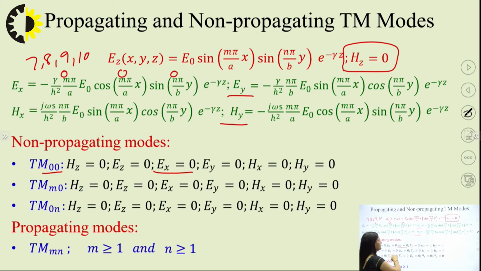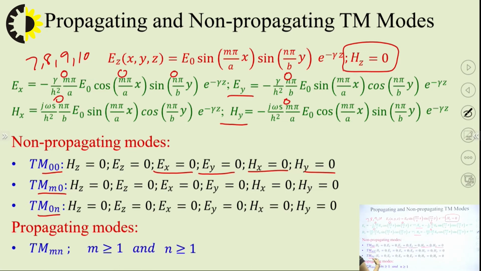In the next case, this is multiplied with 0, so Ey is 0. Here it is multiplied by n, 0, and here it is multiplied by m, 0. So in this way we can find out which mode is supported. In a similar way, for m0 and n0, all the components are 0.